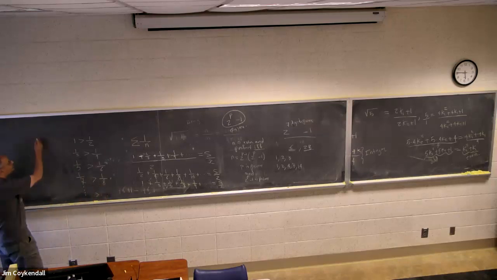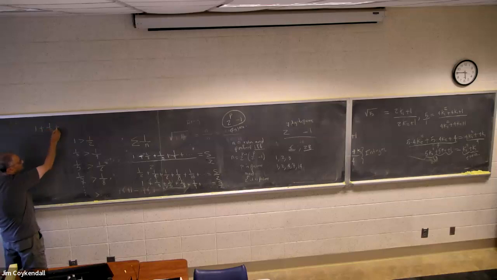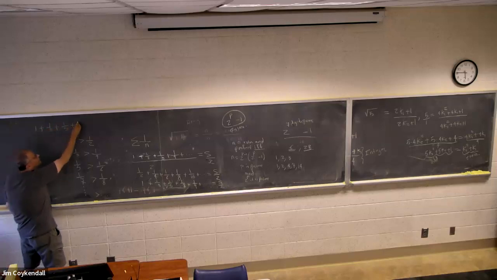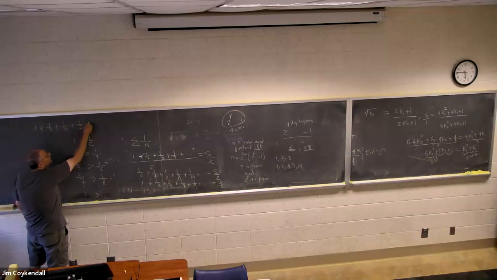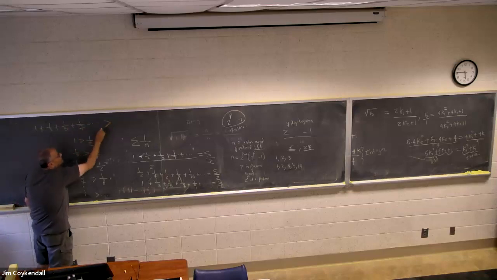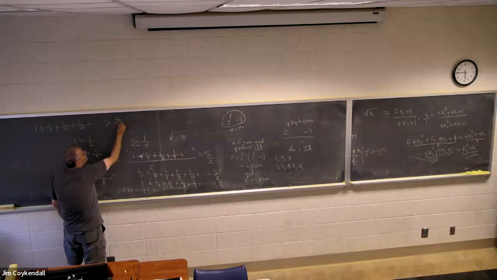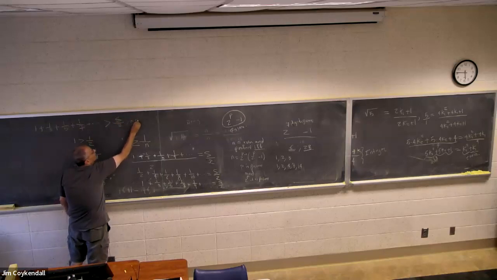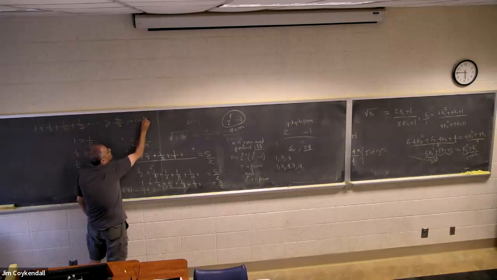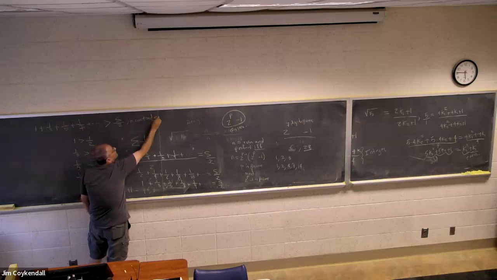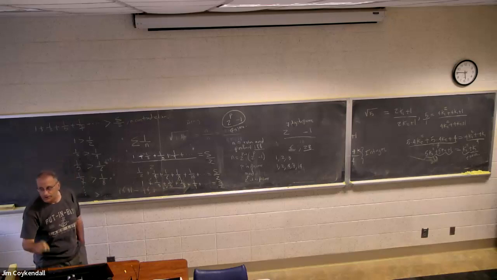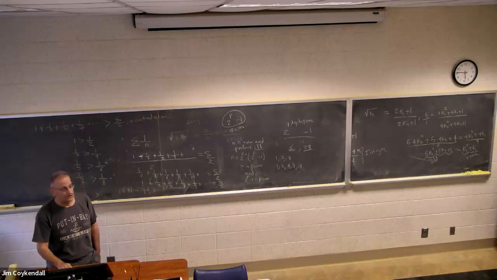So we end up with 1 plus 1/3 plus 1/5 plus 1/7 being bigger than S/2. Contradiction. That's it. You don't need calculus, you don't need integrals.